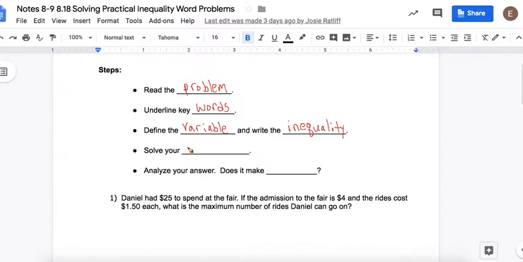Solve your inequality. Analyze your answer, does it make sense?